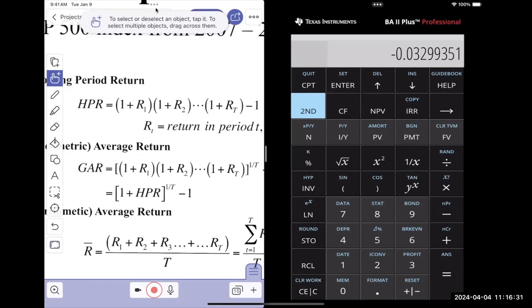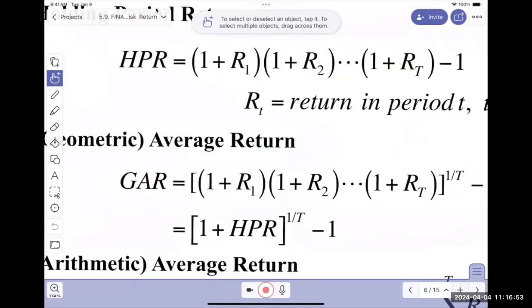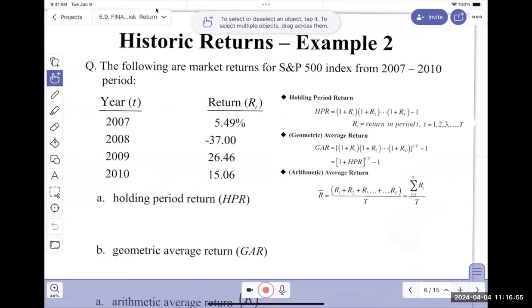So my question was, did the market recover from the shock? And the answer is not fully, right? Well, it didn't even break 0. Anyone who invested from 2007 till 2010 did not realize a return.